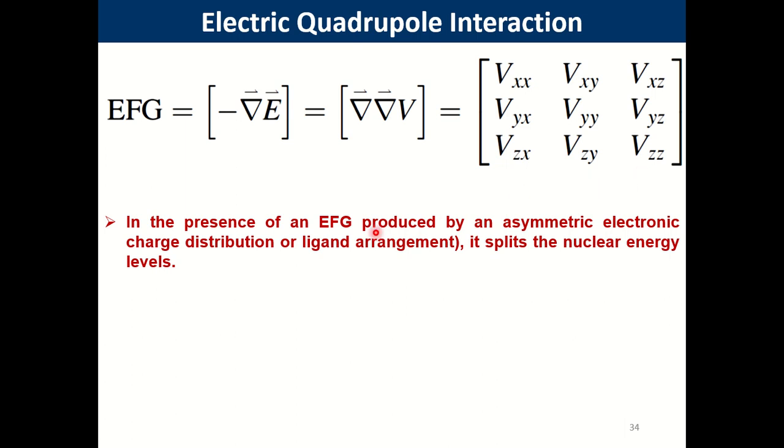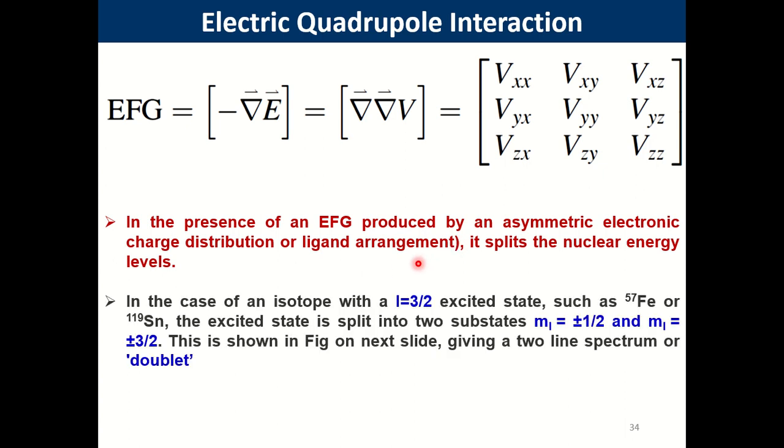In the presence of an electric field gradient produced by asymmetric electronic charge distribution or ligand arrangement, the nuclear energy levels are split. In the case of iron or tin, the excited state has I equal to 3/2, which is greater than half. In this case the splitting will be in terms of mI plus or minus 1/2 and mI plus or minus 3/2.